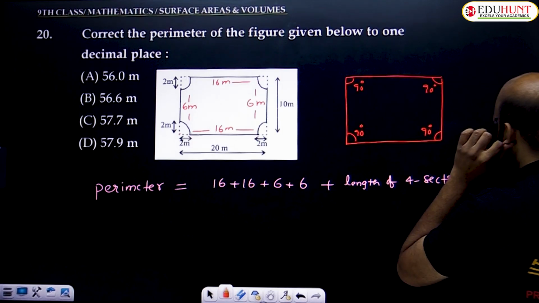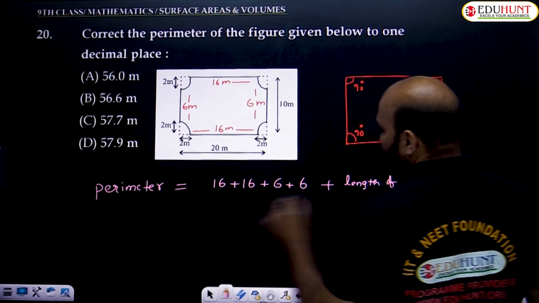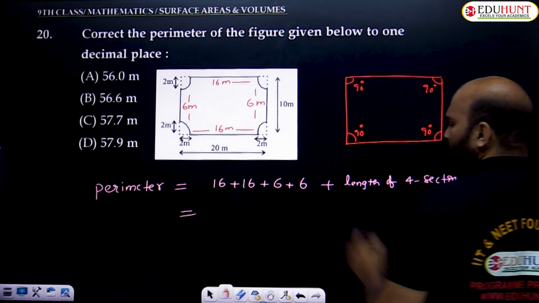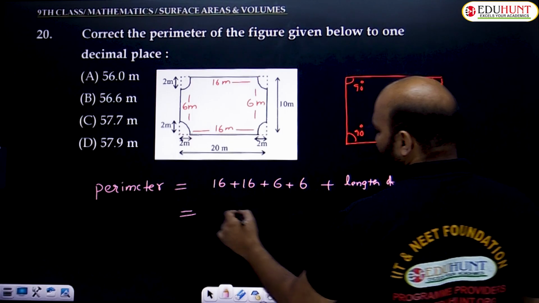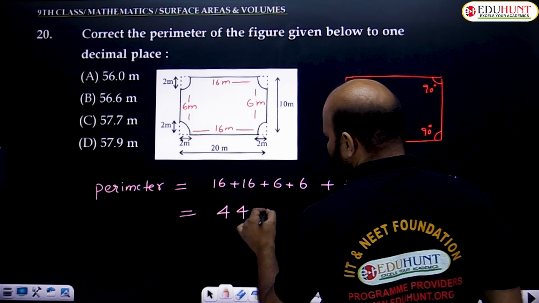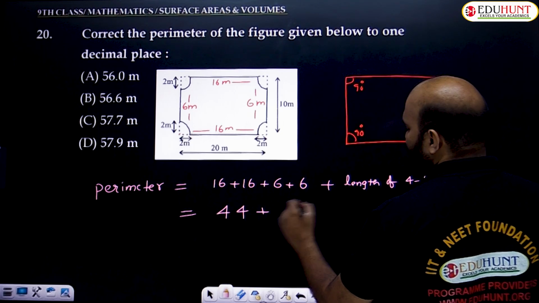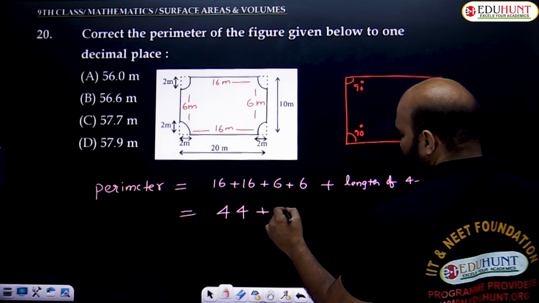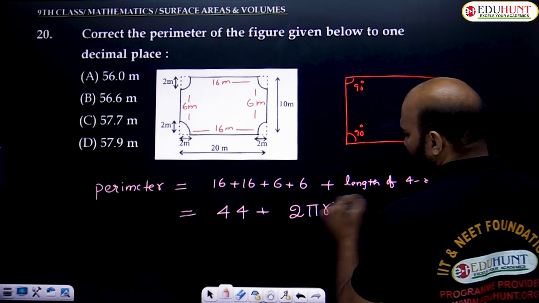The length of the 4 sectors means the perimeter of the circle. So you can add it: 16 plus 16, 32, 32 plus 6 plus 6, 38, 38 plus 6, 44, plus the length of the 4 sectors. That means it is the perimeter of a circle. Perimeter means circumference of circle, 2 pi r.